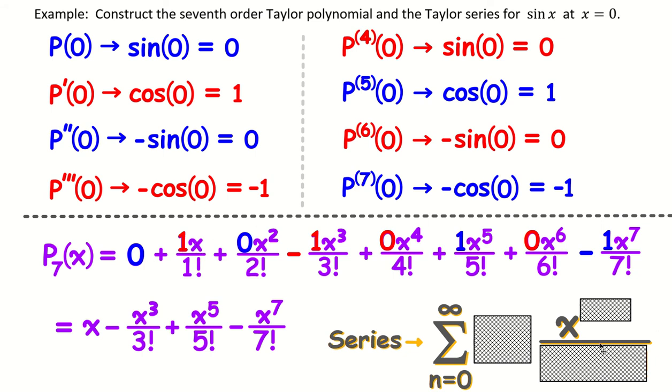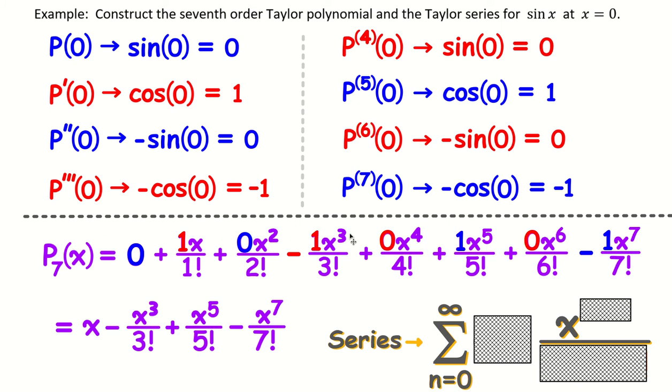Every single term has x to some power, okay? And in this final answer, we have x to the first power in our first term, and our second term is x to the third, okay? It's not like our final answer has x to the 0 as our first term, and then x to the 1, and then x to the 2, and then x to the 3.